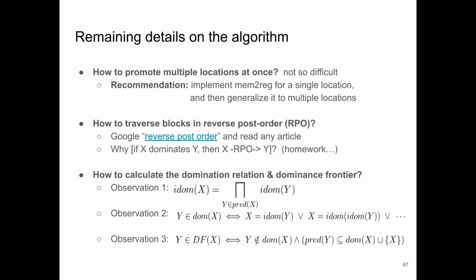Today we discussed the motivation of the mem-to-reg optimization, which is converting memory locations into registers. This is quite beneficial because IRGen produces a bunch of memory locations even when it is unnecessary, and registers are easier to deal with in optimization.